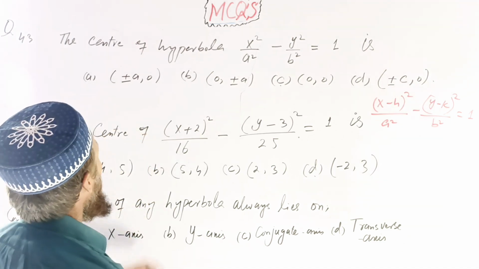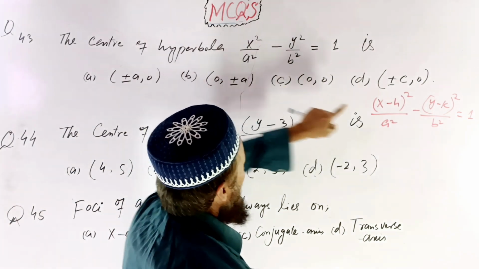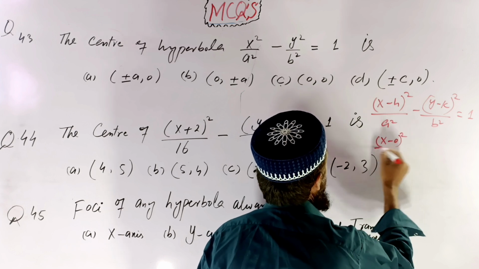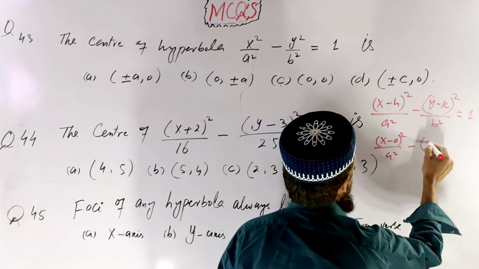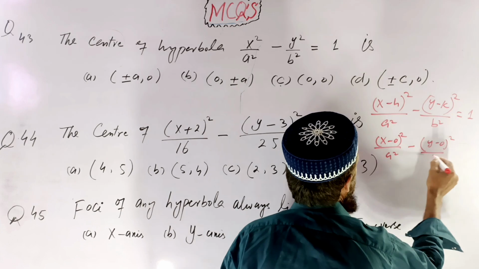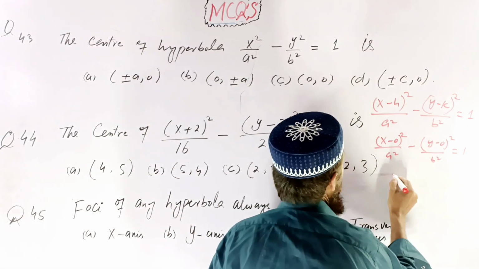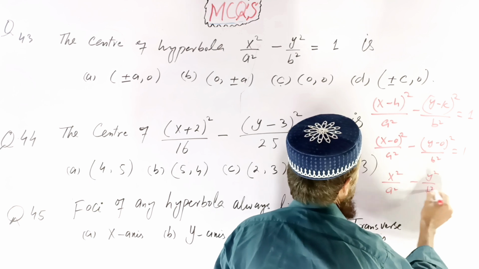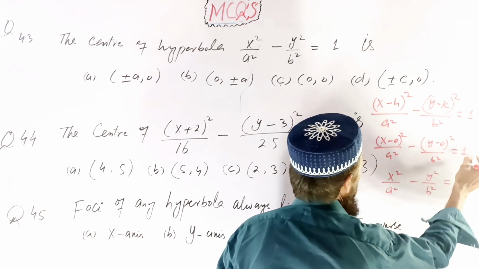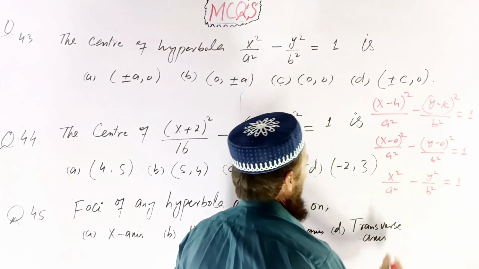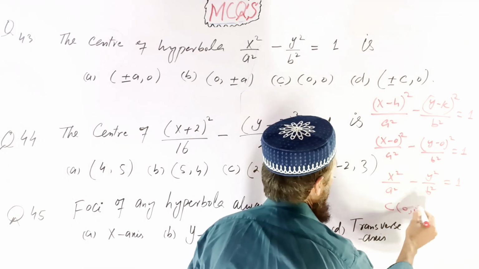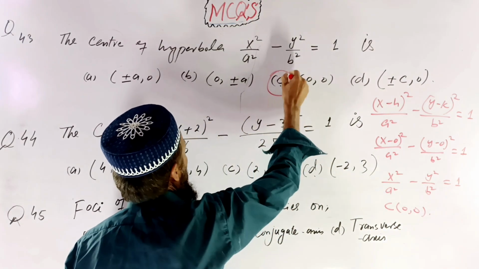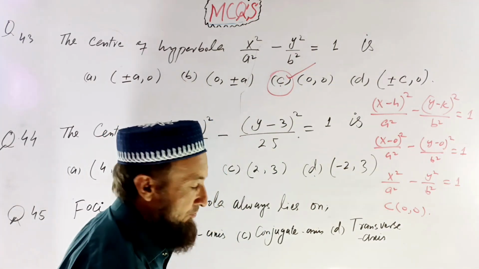The center here is 0, 0. So we put x minus 0 whole square divided by a square minus y minus 0 whole square divided by b square is equal to 1. We get x square divided by a square minus y square by b square is equal to 1. So the center is 0 and 0. Option C is the correct option.